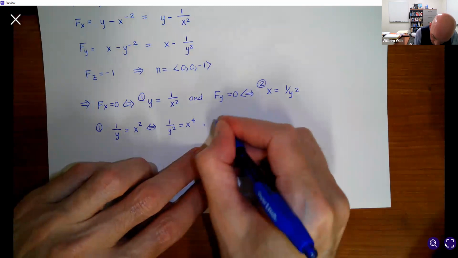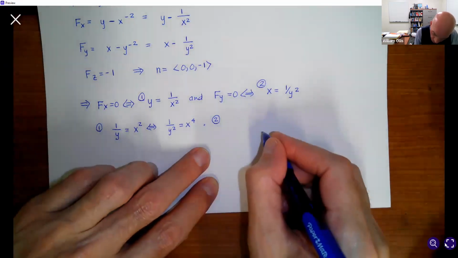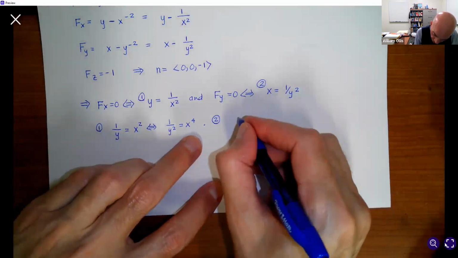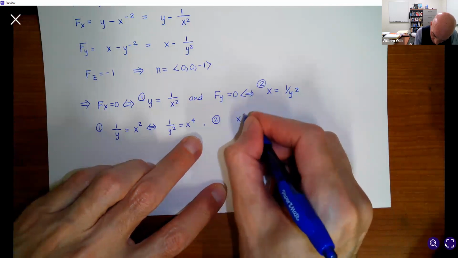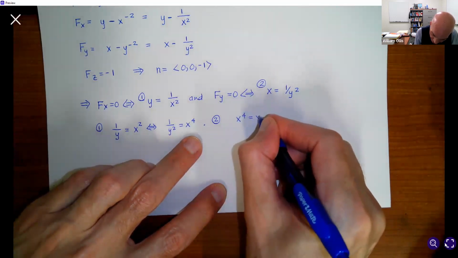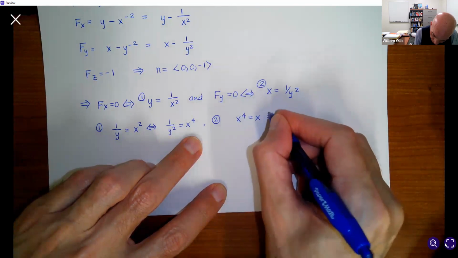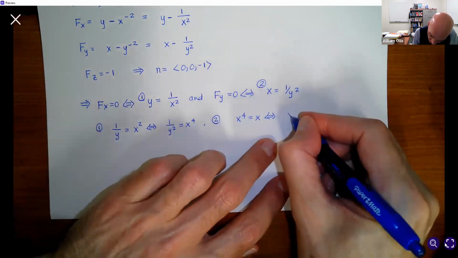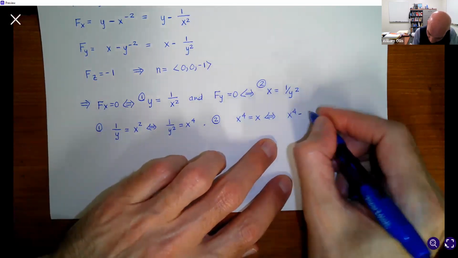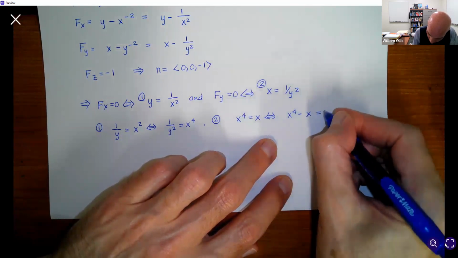So now with 2, we'll just do a substitution. 1 over y squared is x to the 4th. So we have x to the 4th equals x if and only if x to the 4th minus x equals 0.